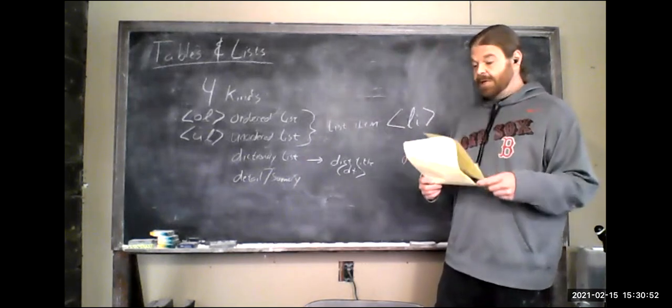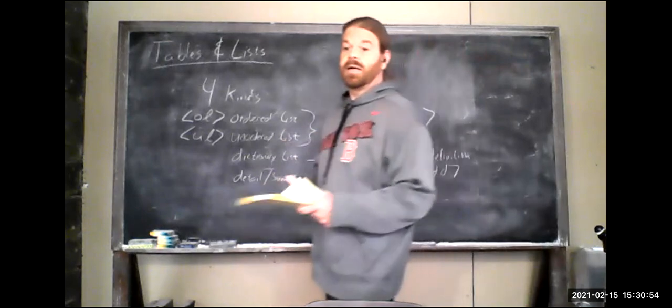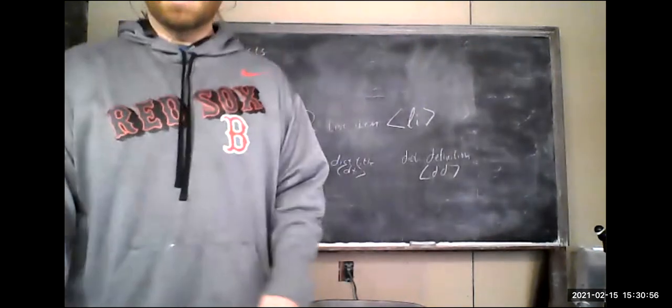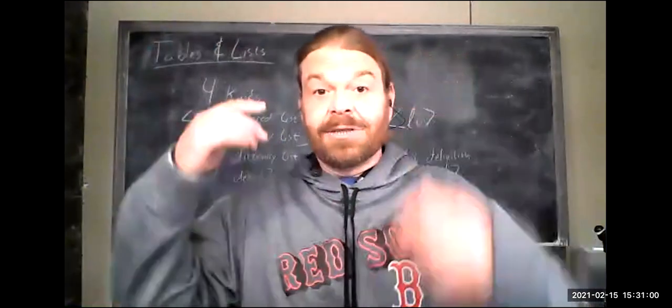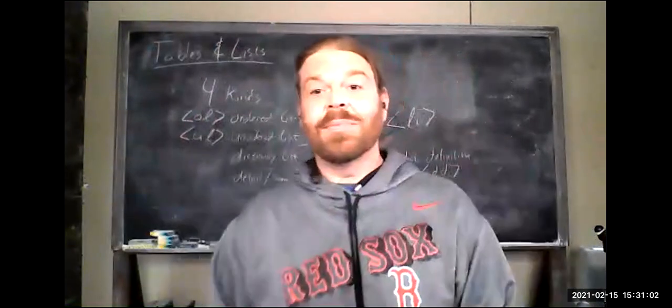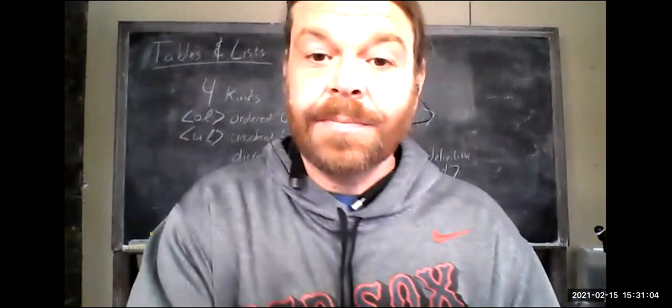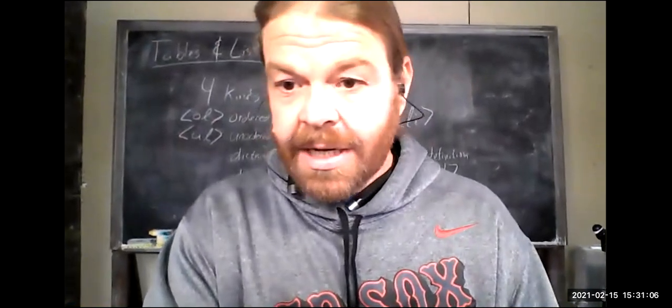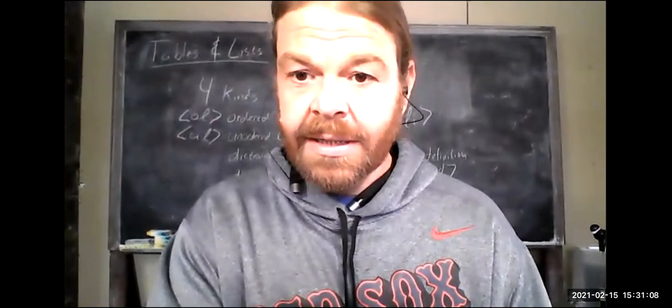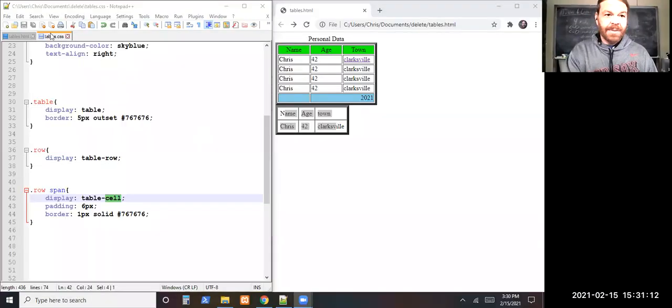And a detailed summary list is the collapsible list, where we have the information and then a little triangle we can click on to hide or show the information. Let's look at a couple examples of these really quickly. But you all have seen a bunch of lists already.